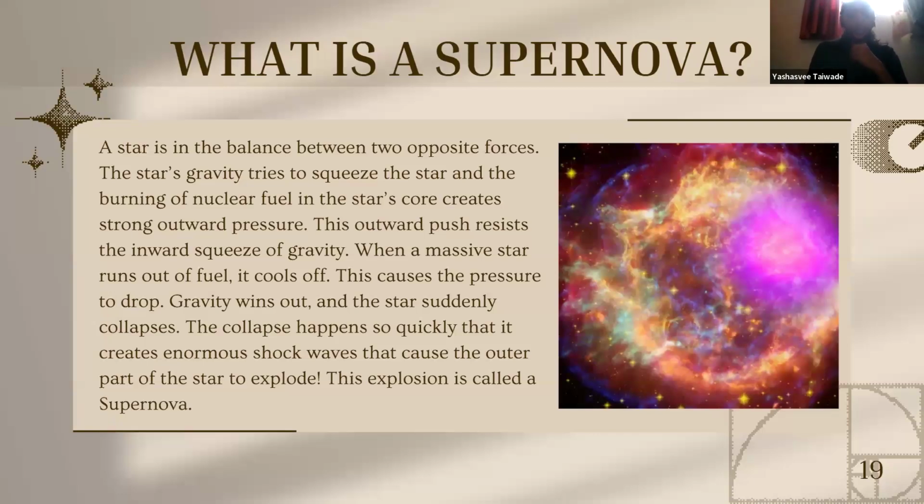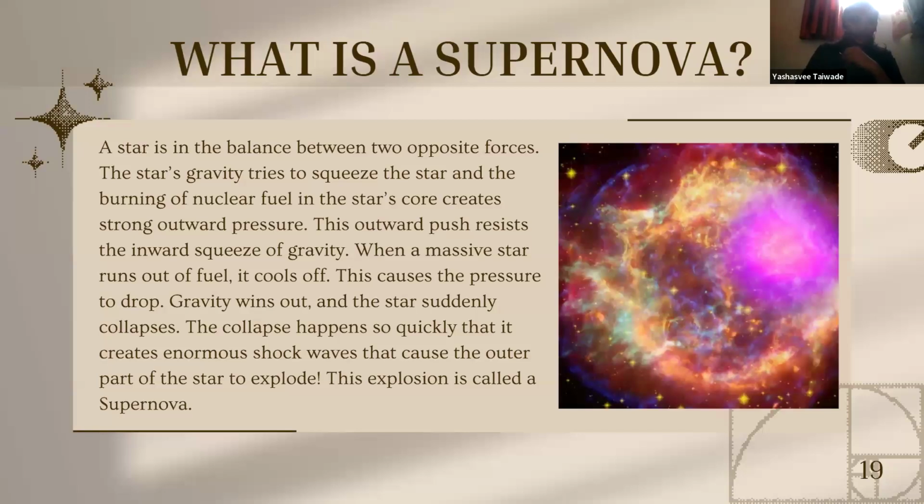A star, during its lifetime, is balancing two opposite forces. The star's gravity is trying to squeeze the star into a tight ball. But there is an opposing force, which is the burning of the nuclear fuel in the star's core, which creates a strong outward pressure.